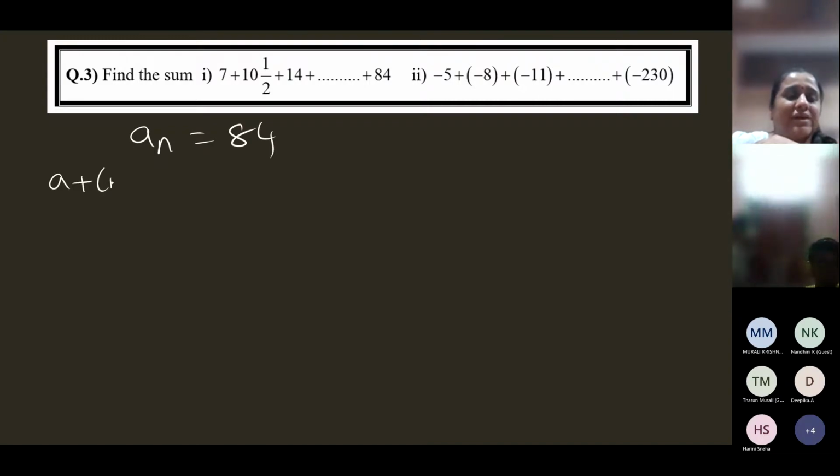That means A plus N minus 1 into D is 84, because AN means... So AN is equal to 84.